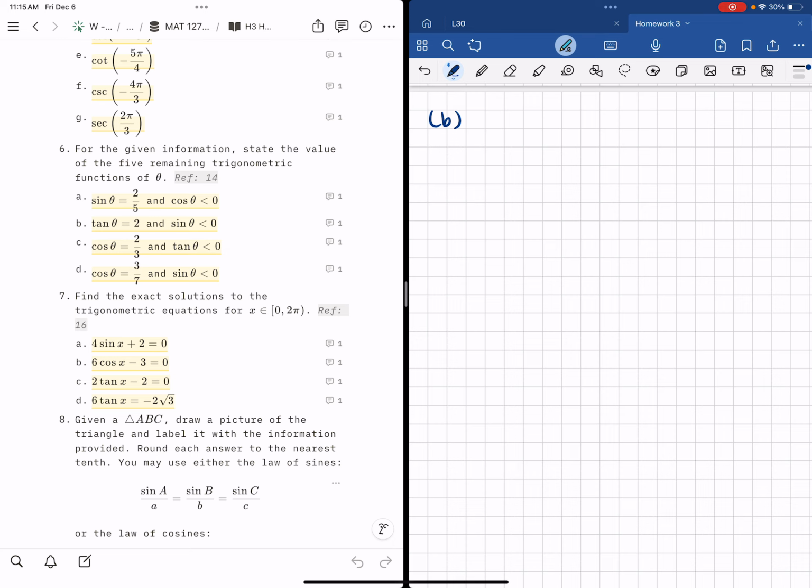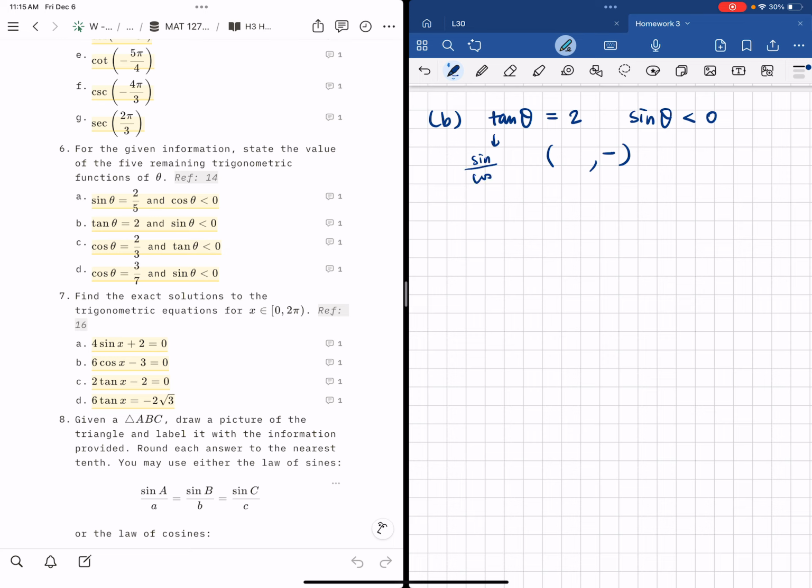Part B says tangent is 2, and sine is less than 0. So let's determine the sign. Sine is negative, which means your y has to be negative. And then what about your x? For x, you're going to look at the tangent. Remember, tangent is sine divided by cosine.